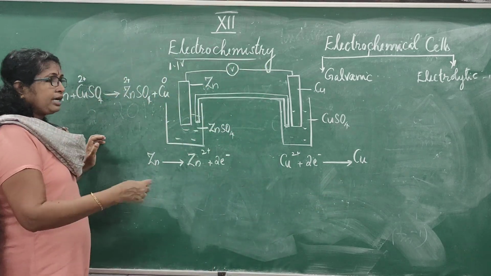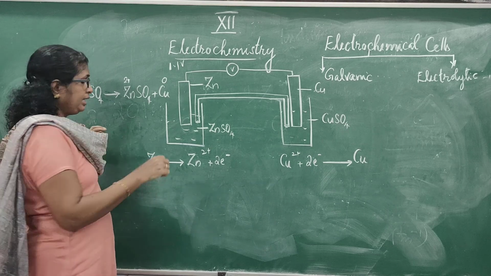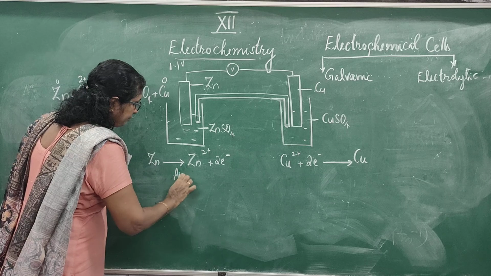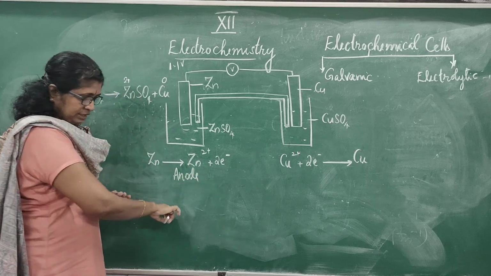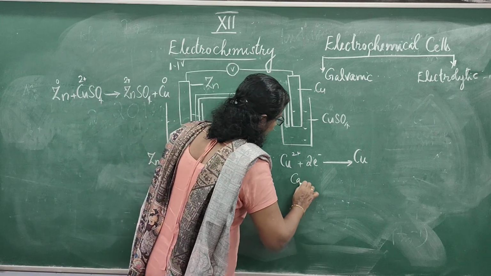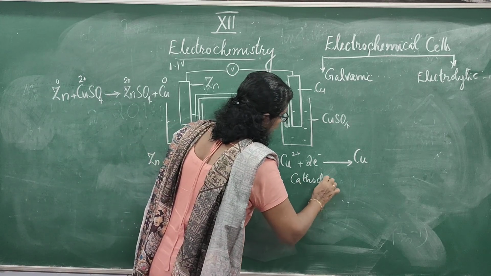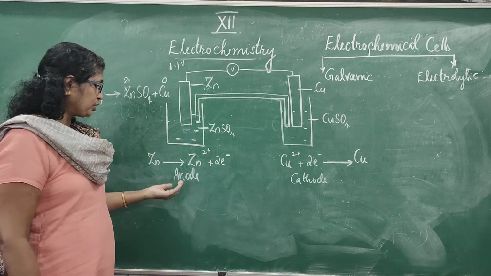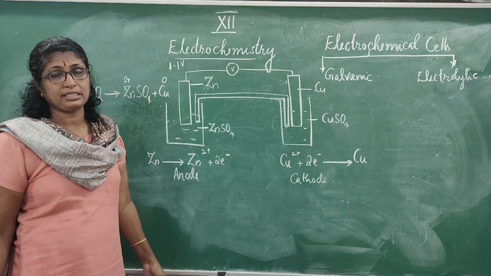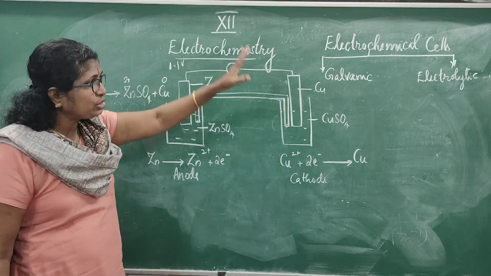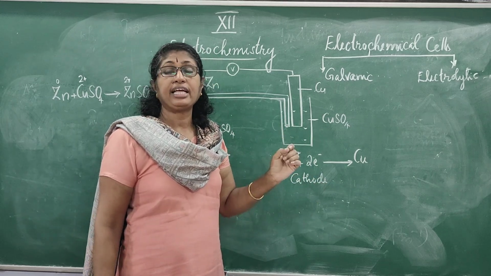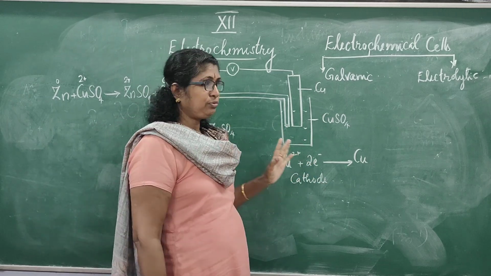Now, according to sign convention, the electrode at which oxidation takes place is called the anode, and the electrode at which reduction takes place is called the cathode. Always, in both these types of cells, oxidation is at the anode and reduction at the cathode. There is no change for that.